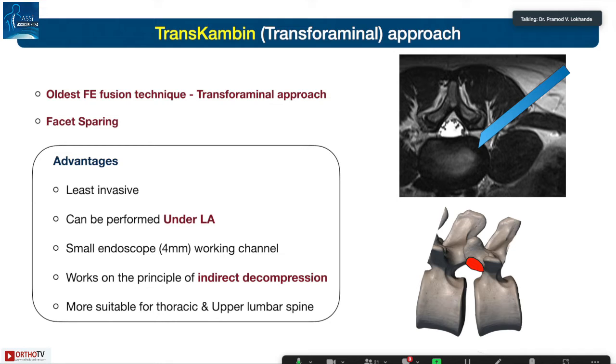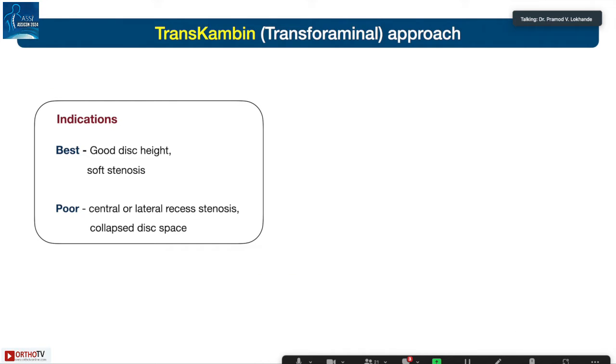As I told you before, it works on the principle of indirect decompression. Personally, I feel that it is more suitable for thoracic spine surgeries or upper lumbar spine surgeries. The indications are a good disc height and soft stenosis. The poor indications, according to me, are central or lateral recess stenosis and a very collapsed disc space.